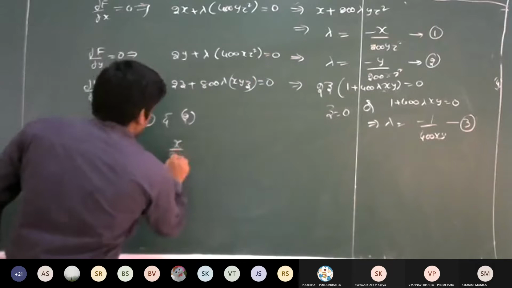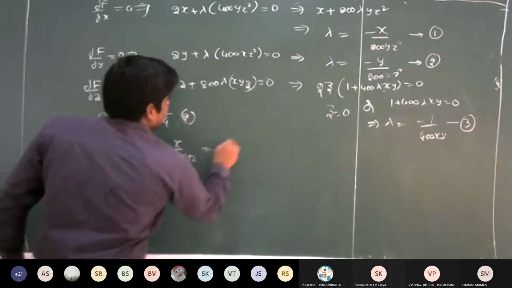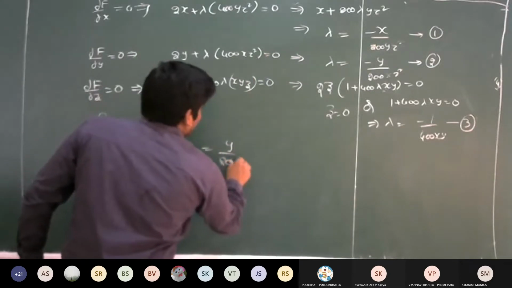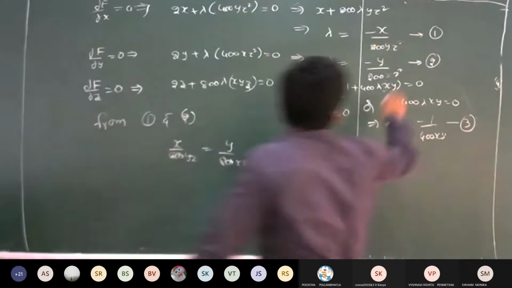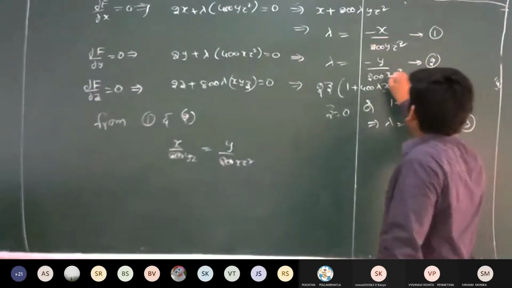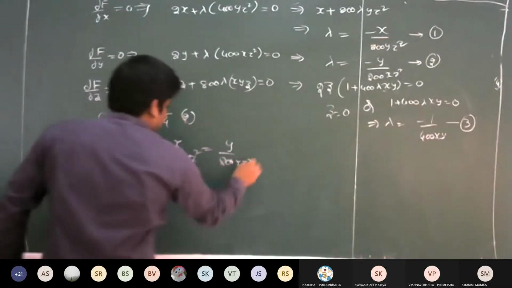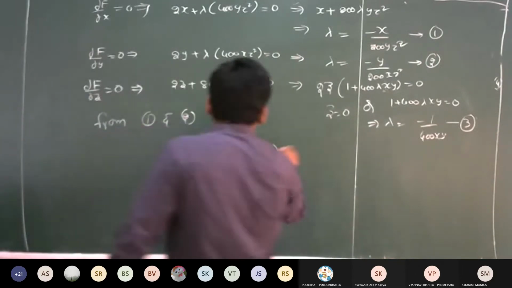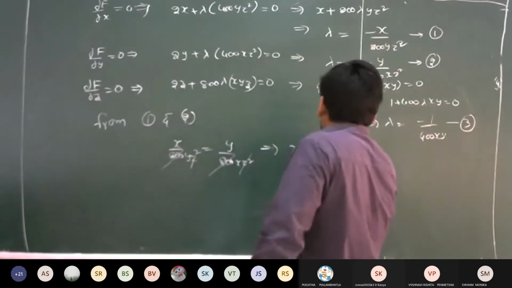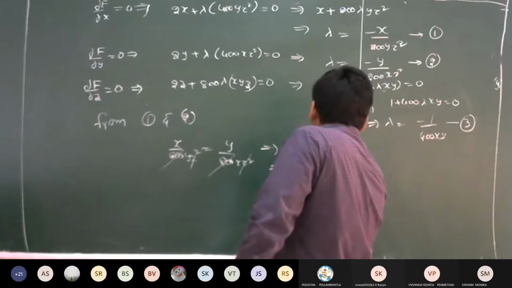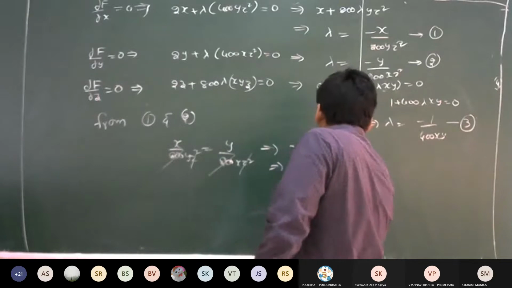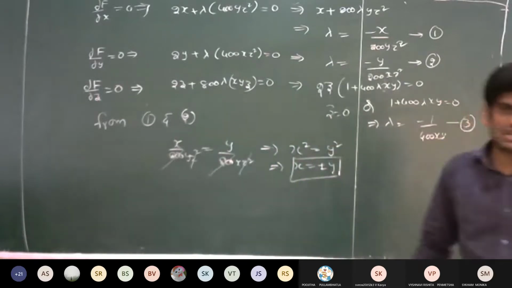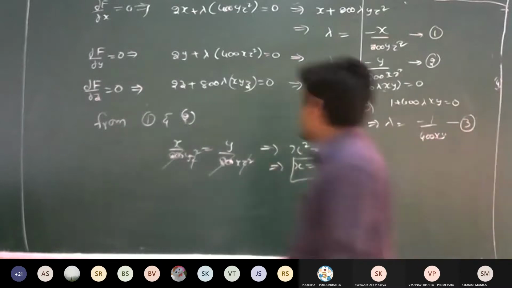So x by 200 y z square is equal to y by 200 x z square. Here z square cancels, 200 cancels. Then x square is equal to y square, which implies that x is equal to plus or minus y. This is the one relation.